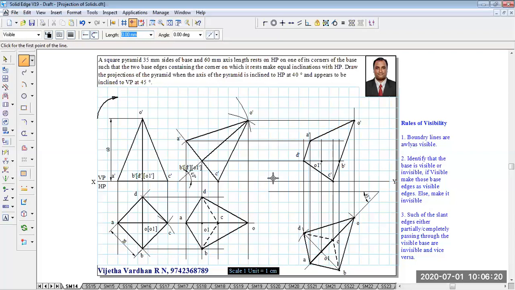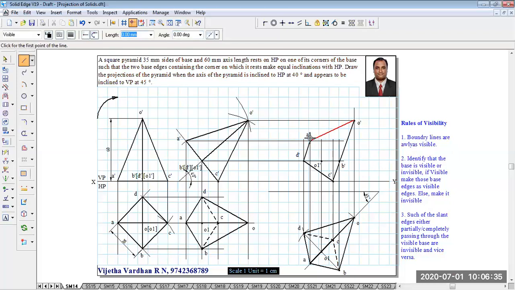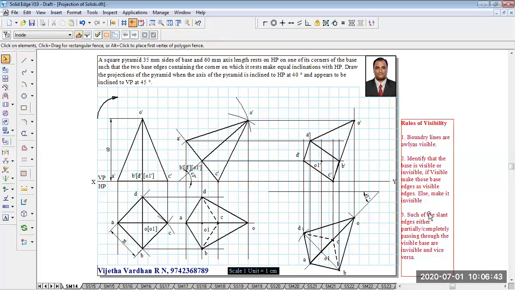Now we have to identify which is the visible base. When the observer is seeing this object from the front, the base is nearer to the observer. Hence, the base must be visible. Using your HB pencils, make the base edges visible edges. At last, such slant edges passing partially or completely inside the visible base are invisible, and vice versa.